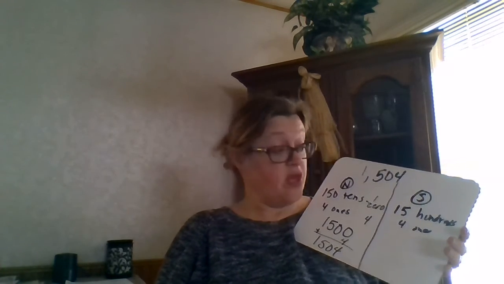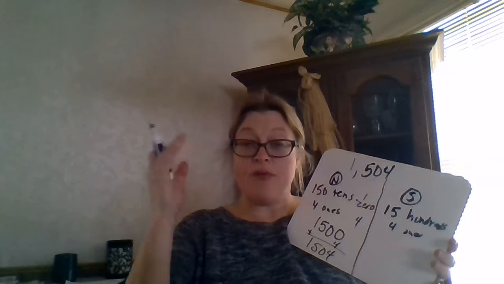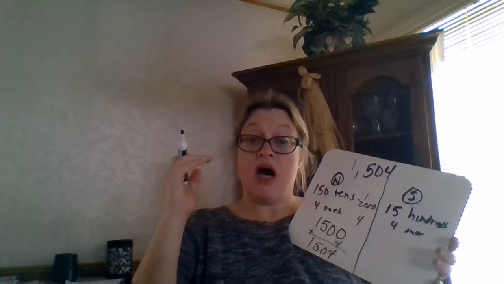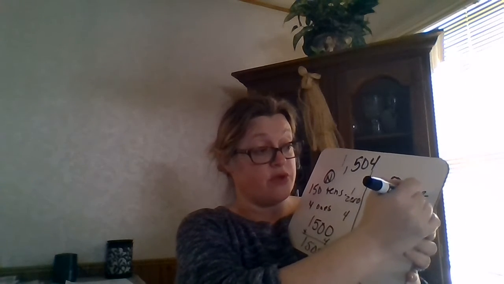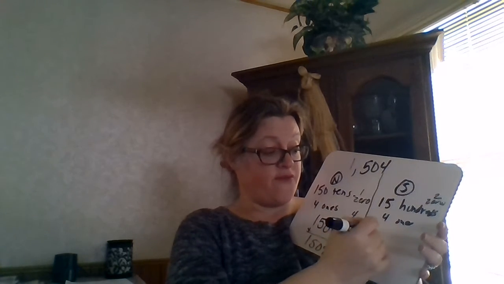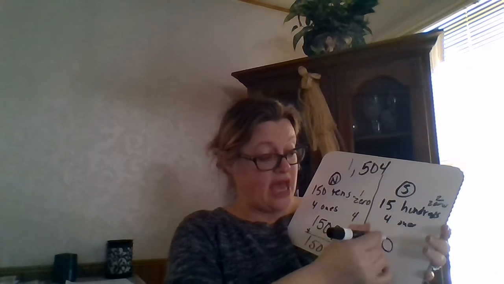Well, let's see if Sarah's wrong, or maybe she's right too. So let's take a look at 15 hundreds. How many zeros are there in hundreds? 2 zeros. So if we have 15 of those and we add our 2 zeros, it's going to come out to be the same thing as Nolan's 150 tens, 1,500.